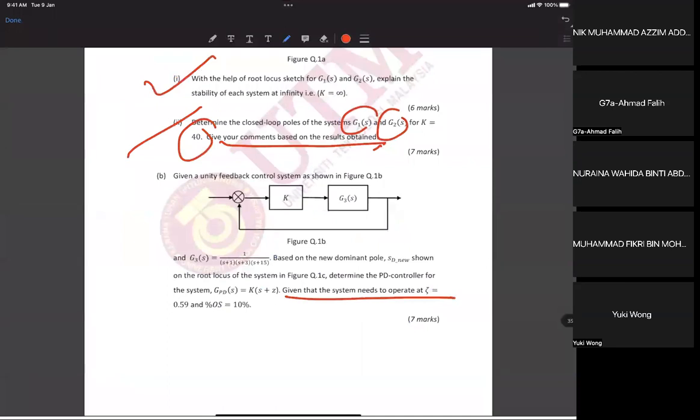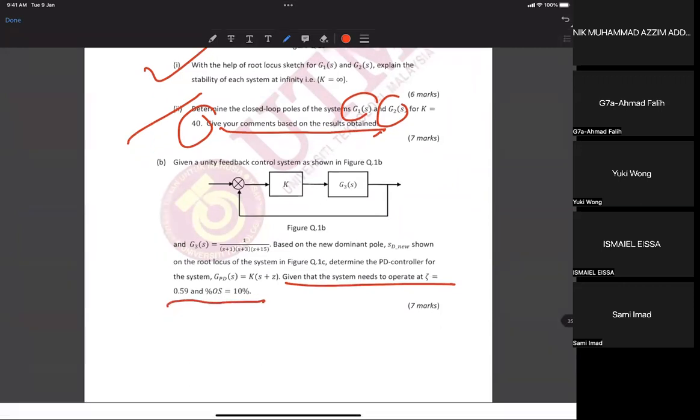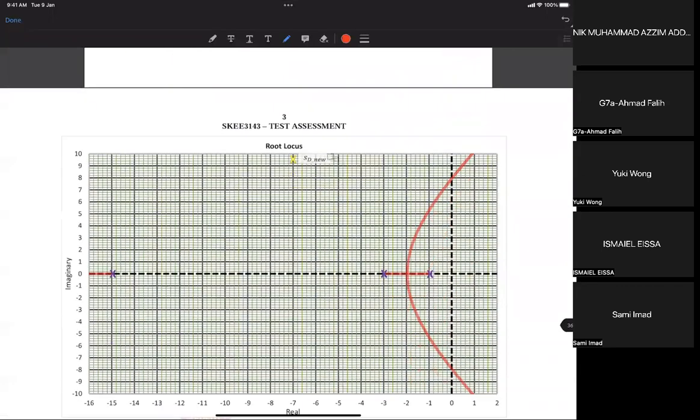So settle this one, and then the second one. Given a feedback system shown in the figure Q1B, based on the new dominant pole shown on the root locus, figure Q1C, determine the PD controller for the system, GPD, given that the system needs to operate at zeta 0.59 and 10%. I already gave you the value last 2 days.